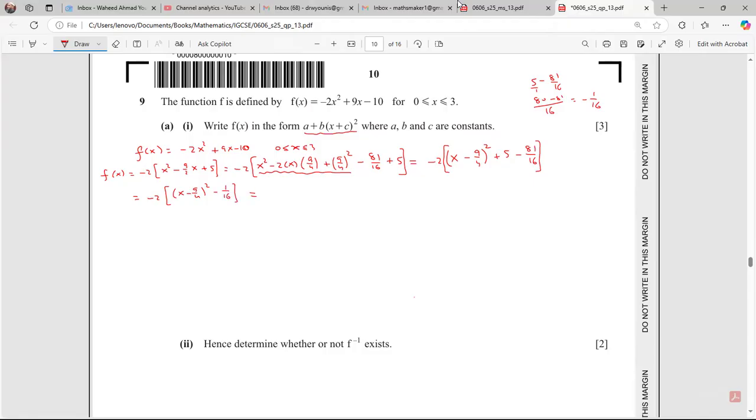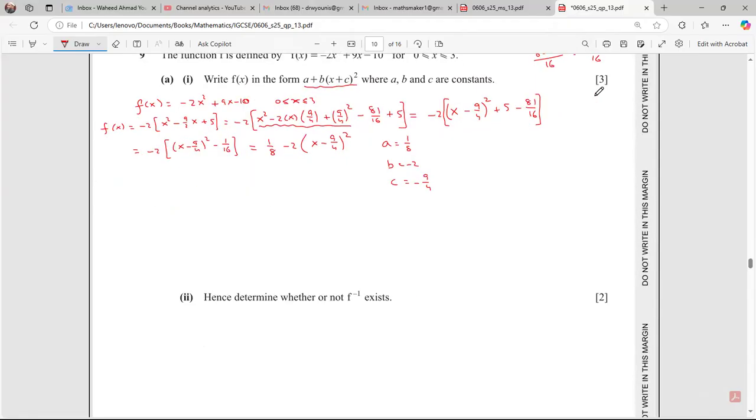If I multiply this with this, it will become plus 1 by 8 and minus 2 into x minus 9 by 4 squared. Okay, so this is exactly in this form. So you can see that a is 1 by 8, b is minus 2, and c is minus 9 by 4. Okay, so this was the end of our problem.